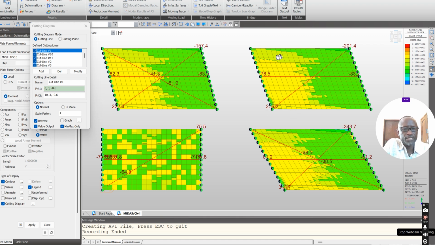Then when you increase the skew angle to 20, you can see that there is a redistribution of this, and the shear value tends to start reducing, but it redistributes, with higher values on both sides. Here one side was lower by almost close to 50, but here it is 216 and 201.